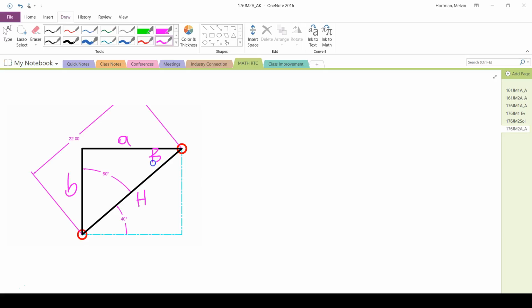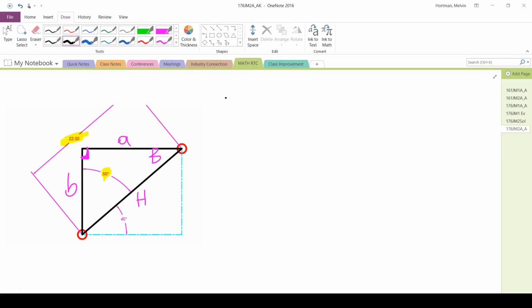And call this big angle B. And then here's our right angle. So to solve this, for A, I need to find a trig function that includes A and that includes the information that I know, which I know this angle and I know this length here. So let's see what we got.